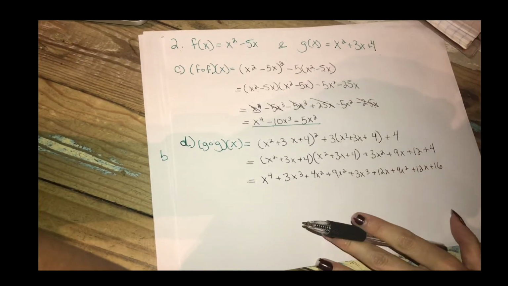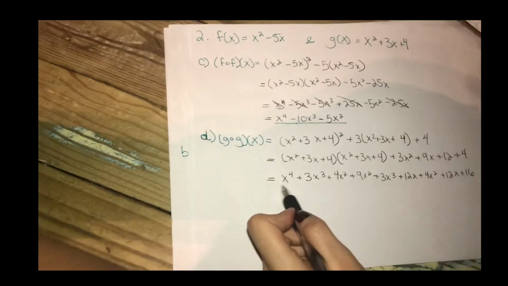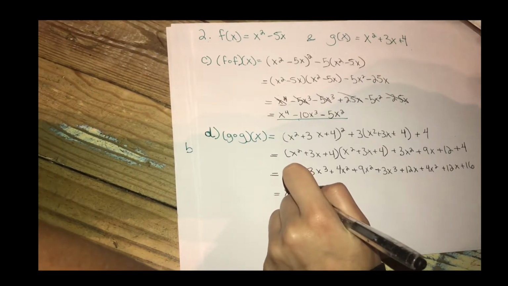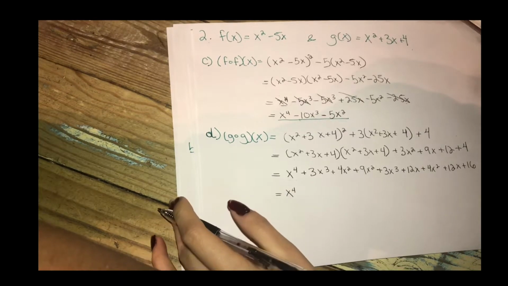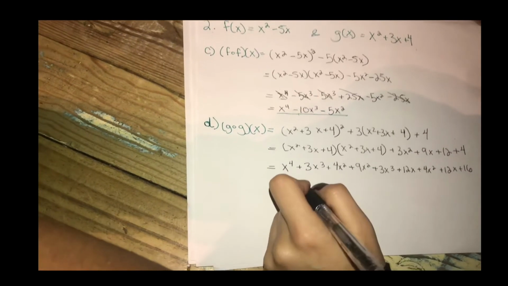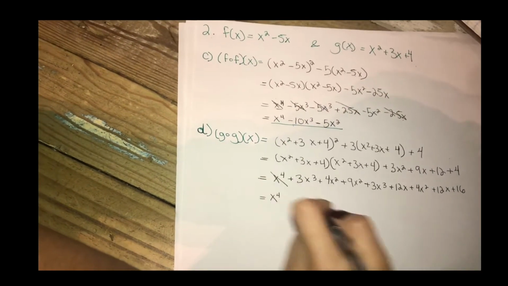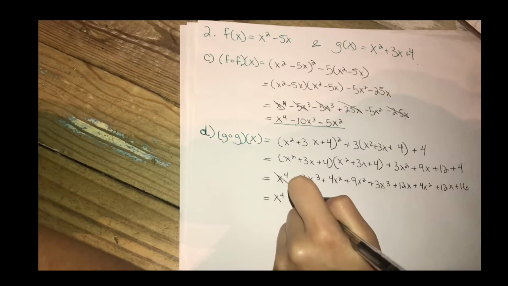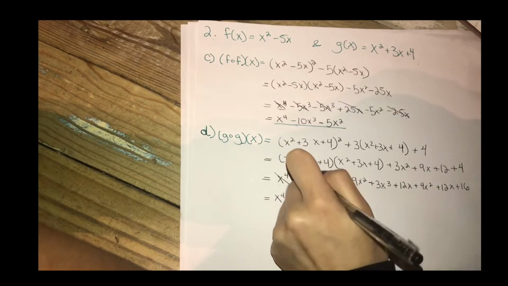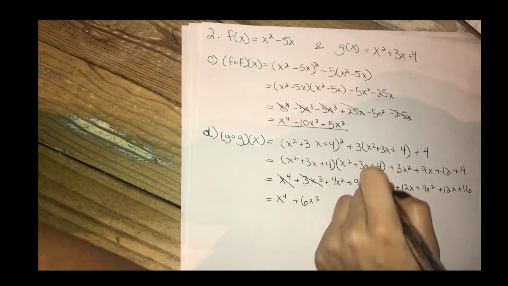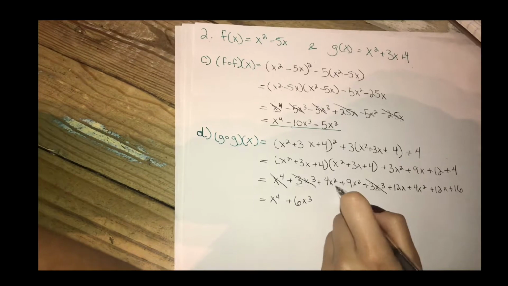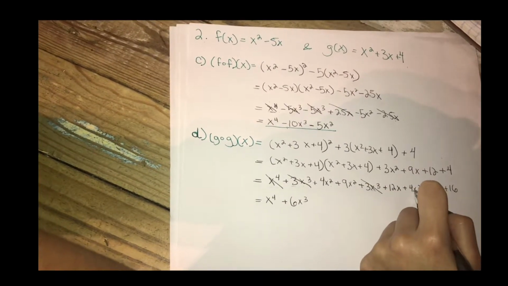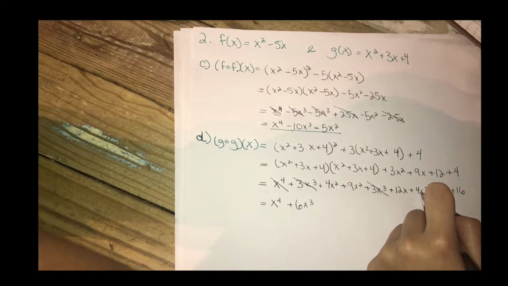You would keep the 3x squared plus 9x plus 16 on the top so you don't get confused, and just combine like terms with the bottom one and then combine it again. So it would be x to the fourth plus 6x to the third, combine 4x squared plus 9x squared plus 4x squared, and get 17x squared.